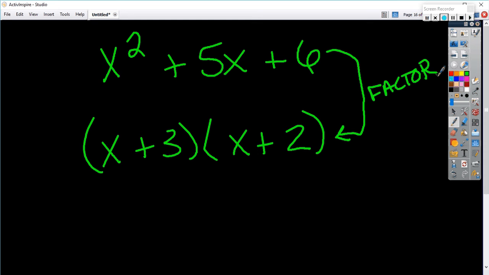That's factoring, okay? I've taken this and broken it up into two things that multiply together. Now, I could go backwards and come back to this by foiling if I wanted to. I just really want you to see what factoring is. So from here to here, this is a FOIL. Does that make sense? Not do you know how to do it, but does it make sense that I'm just rewriting it?